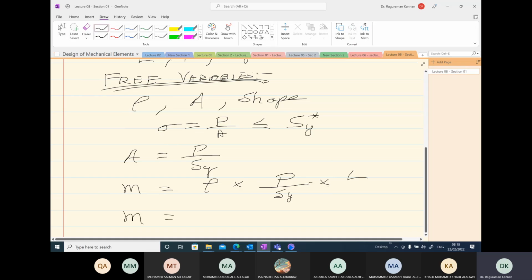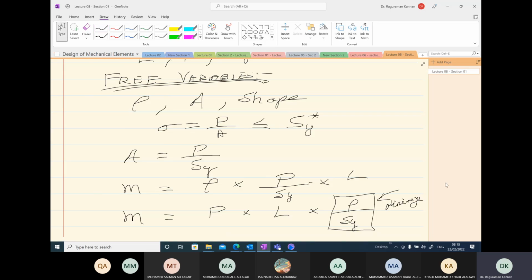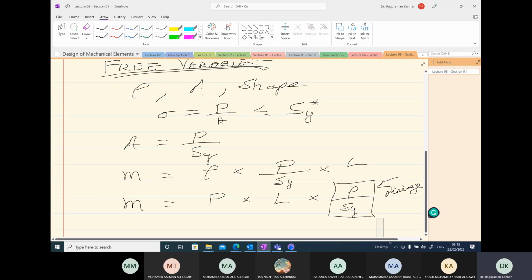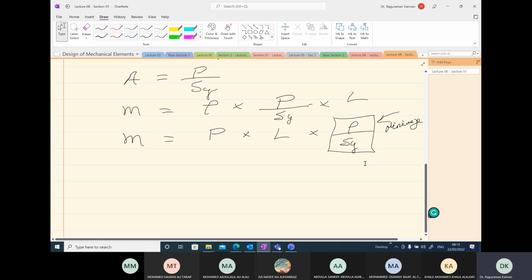We can write P, the function, separately, then the geometry, then finally rho over Sy for our case. So this is the material index, and we want to minimize this term. Usually we write the material index as the inverse, capital M, equal to Sy over rho, and we want to maximize this.